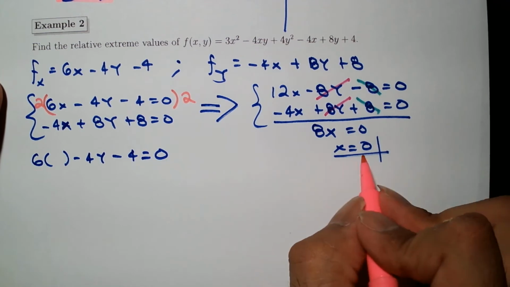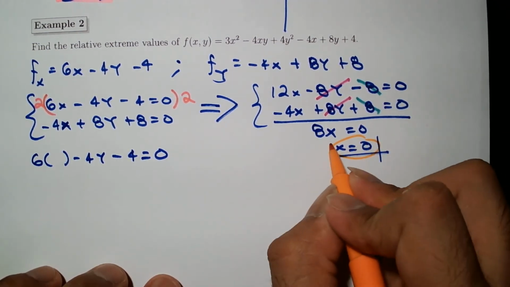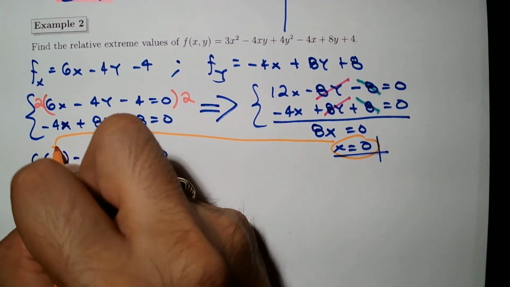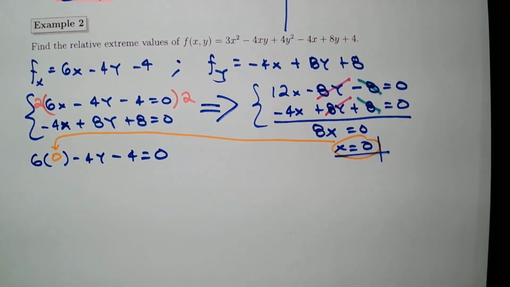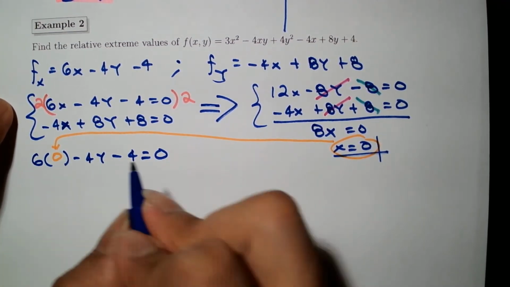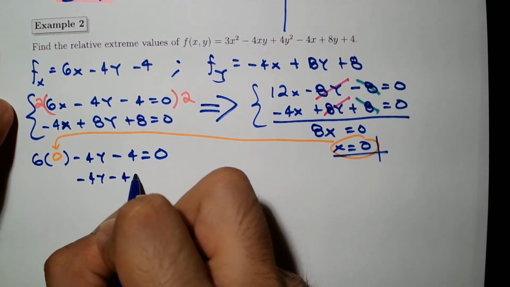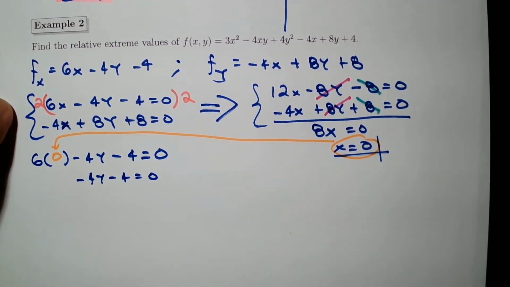The 6 times 0 is going to 0 out, and I get negative 4y minus 4 equals 0.